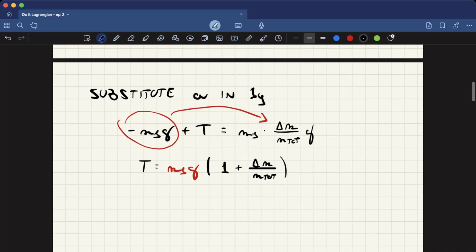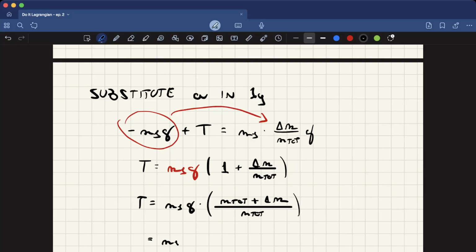And now if we do the minimum common denominator, we have m1 times g times m tot plus delta m, and this is just over the total mass.